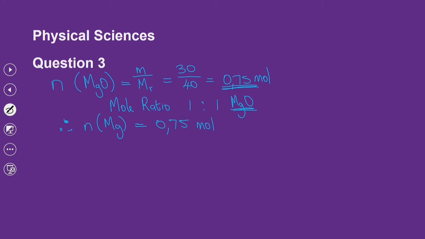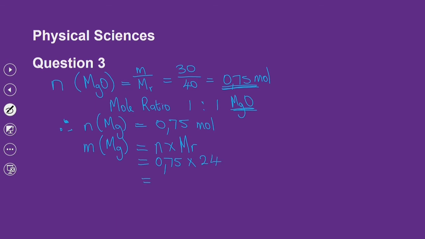Once we've got the number of mole, we can calculate the mass. The mass of magnesium is equal to the number of mole times the molar mass. The number of mole we know is 0.75, and the molar mass of magnesium is 24.